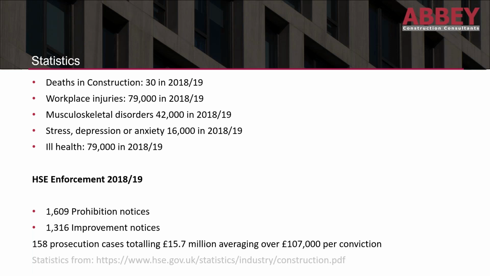If you divide that 15.7 million between the 158 prosecutions, it gives an average of £107,000 per conviction. I've put the website there from the HSC should you wish to look at those figures more deeply.